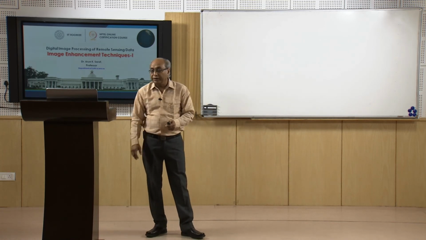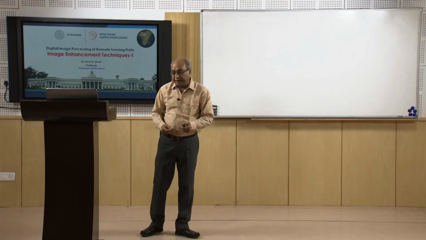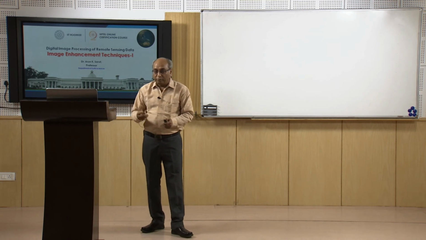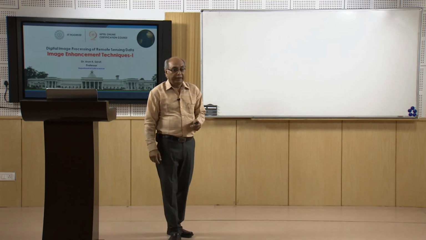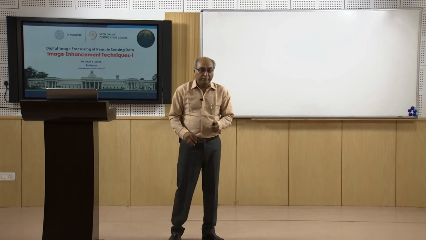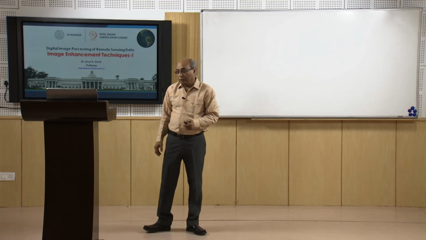And the third one is multiple image manipulations, where instead of using one band, we use multiple bands. So maybe a technique like band ratioing, which is arithmetic based, principal component, which is more statistical based, and then vegetation indices, which are again arithmetic. Various indices have been developed in the past depending on the data available, number of bands, and so on and so forth.